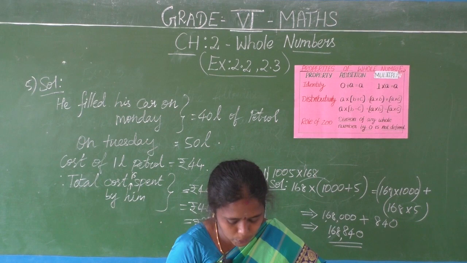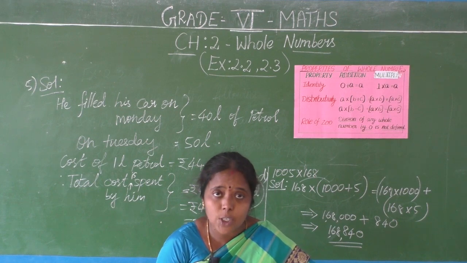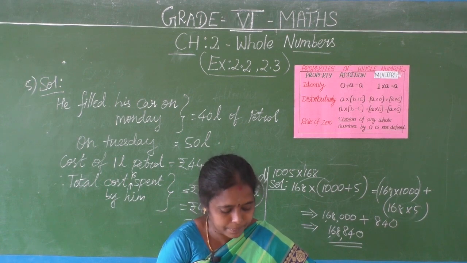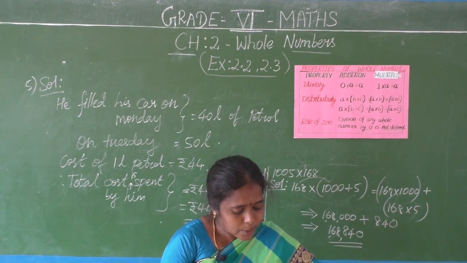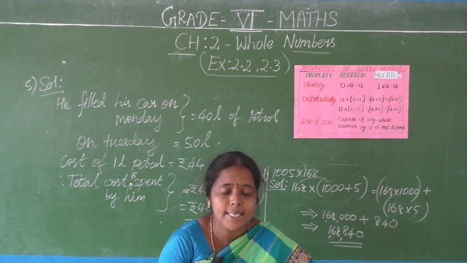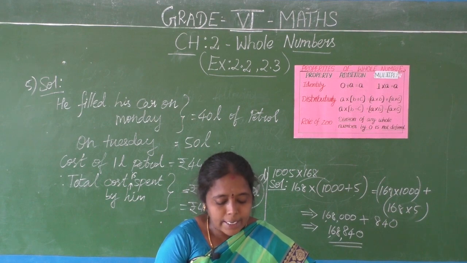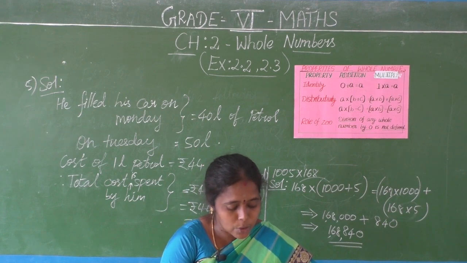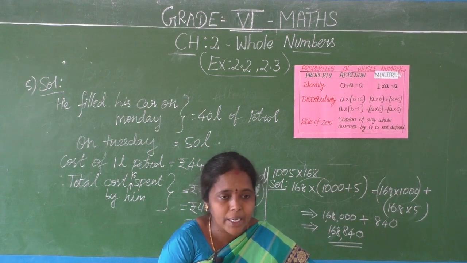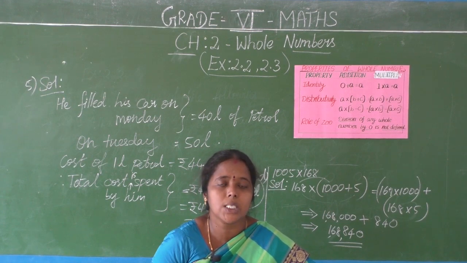See, next if you go to exercise 2.3, distributive property based sums are coming. Clear? 4th section, find using distributive property. Up to this we have seen exercise 2.2 sums. In exercise 2.3 also, 4th section, distributive property only. So in many cases that property usage is involved.